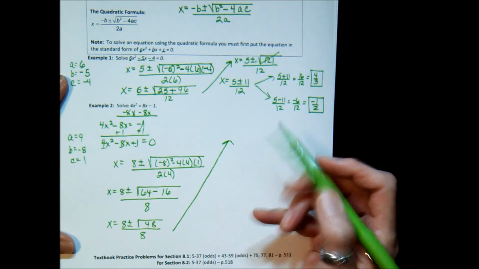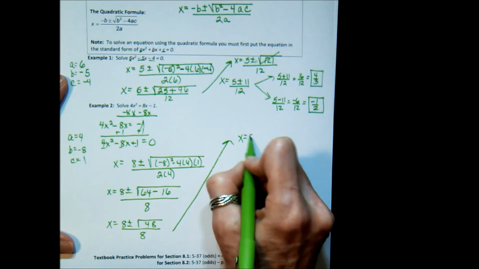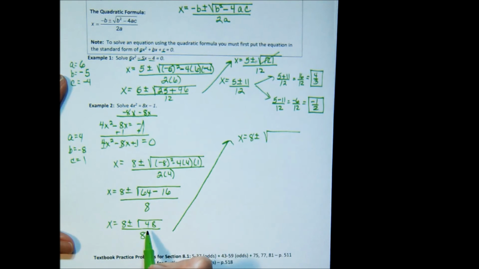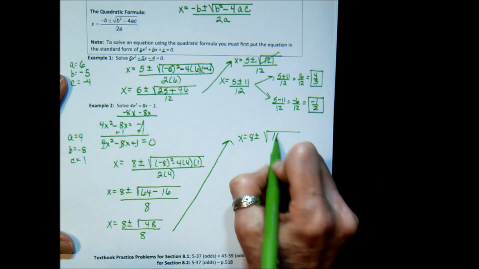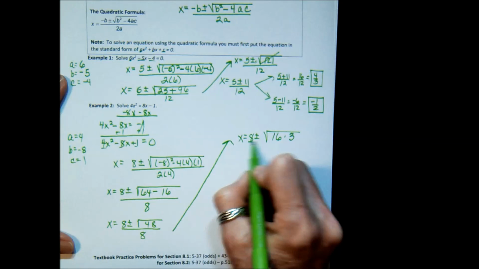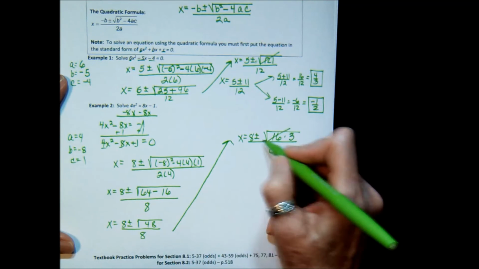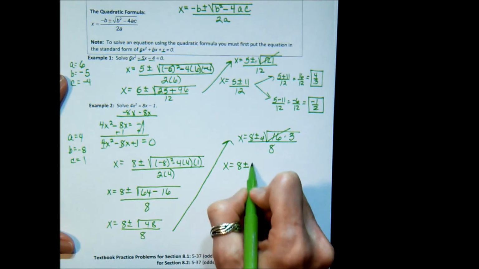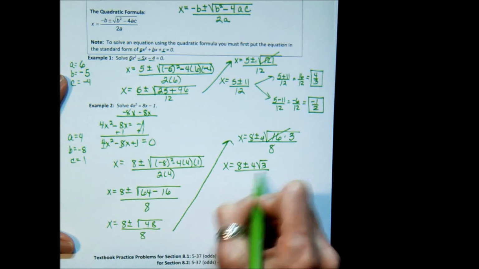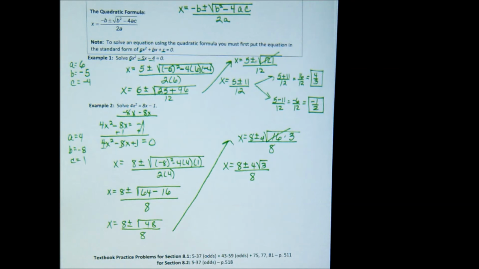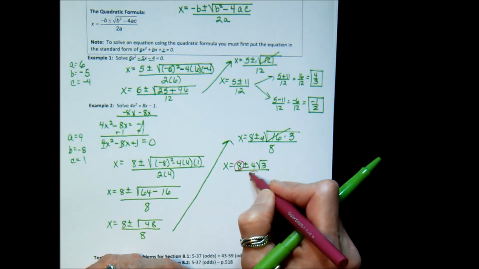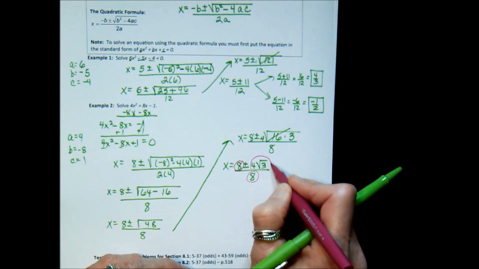Let's bring this up. X equals 8 plus or minus. We're going to break down 48 into its biggest perfect square factors of 16 and 3. Square root of 16 is 4. X equals 8 plus or minus 4 radical 3 over 8. Now, we can simplify if you remember the 3 terms. 1, 2, and 3.